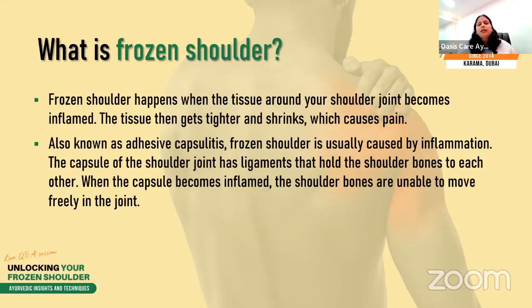It is usually because of inflammation of that capsule. The shoulder joint ligaments become very inflamed, tightness happens, and the bone is not able to rotate fast and nicely. Because of that, inflammation and pain happen.